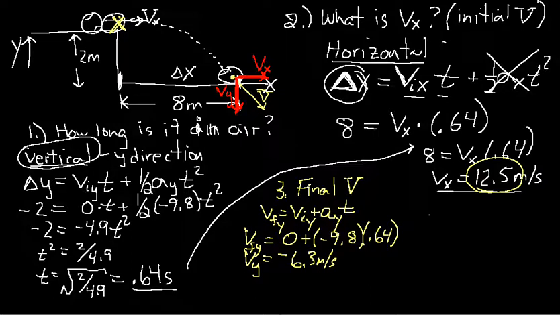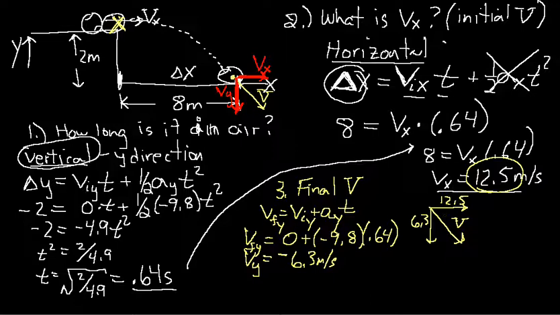So now all I need to do is draw this for myself. Here's my x component, which we know is 12.5. My x component stays the same through the trip. My y component is 6.3. Negative means it's downward, so I'm just going to draw it down and put 6.3. My total velocity is going to be the combination of those two. I'm going to put it here as v.